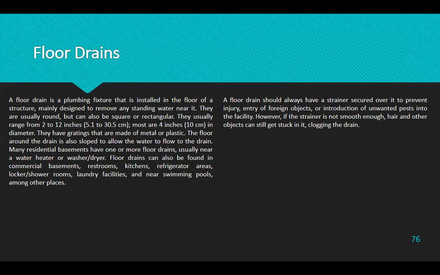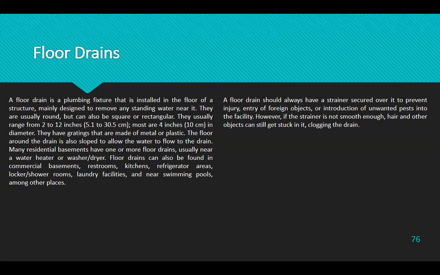Most are 4 inches, or 10 centimeters, in diameter. It depends. For ordinary houses, 2 inches. For parking areas, 4 inches. They have gratings made of metal or plastic. The floor around the drain is also sloped to allow the water to flow to the drains. It should be sloped, but that's often not followed. When they install the floor drain, it's higher than the floor. Right? You've seen it online.